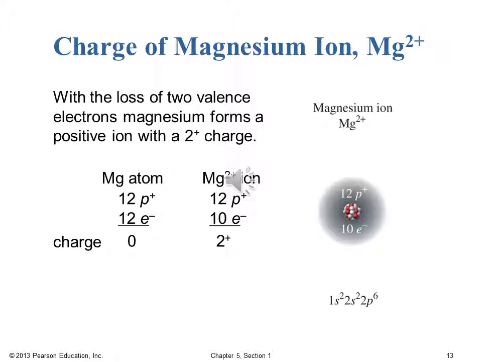Again, a nice visual showing of the math, if that's helpful to you. We have the 12 protons, 12 positive charges in the magnesium atom, balanced by 12 electrons in that neutral magnesium to give 0 charge. When we lose those 2 3s electrons, we now have 12 protons still.